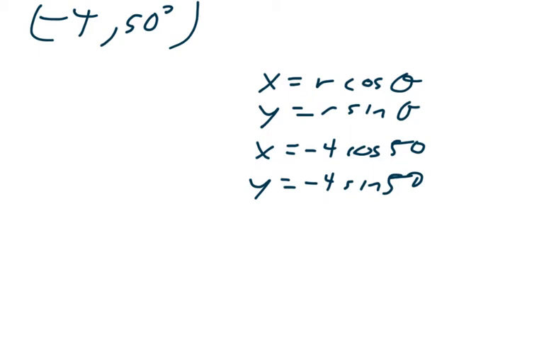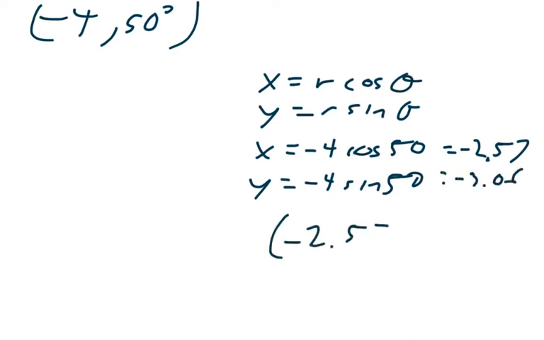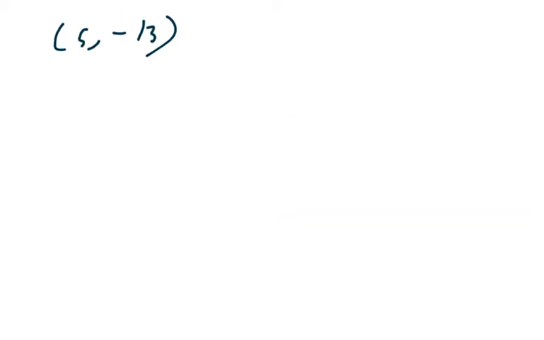Negative 4 cosine 50 is negative 2.57. When I change it to negative 4 sine 50, it turns out to be negative 3.06. And that is my answer for problem number 7.